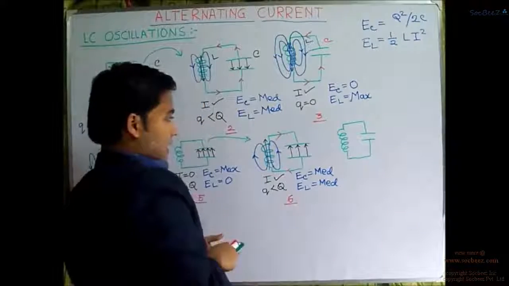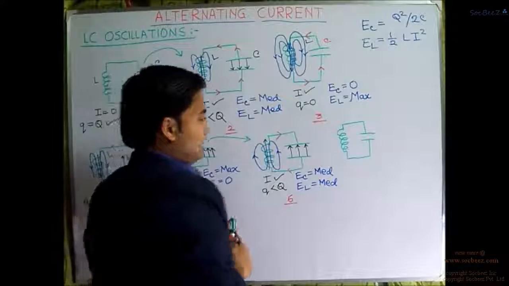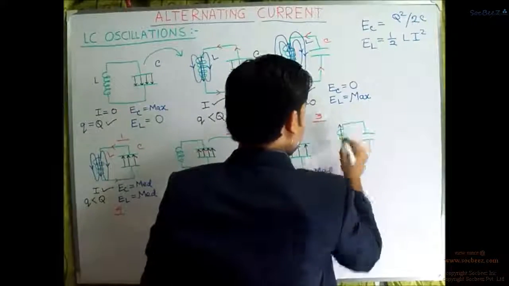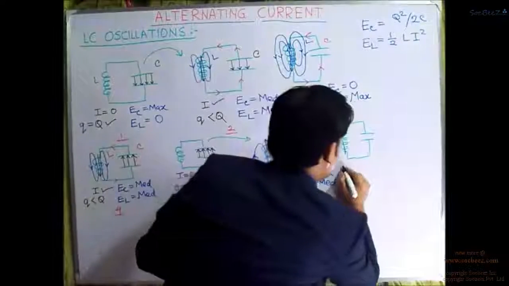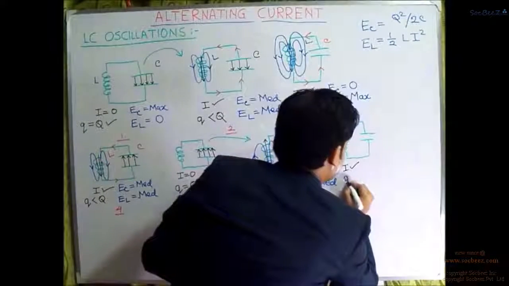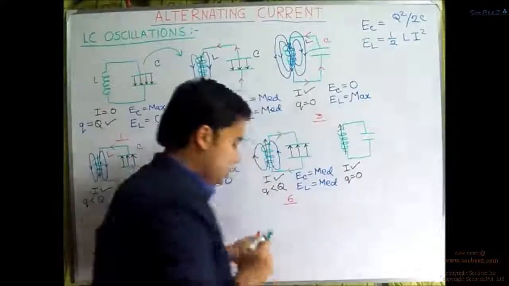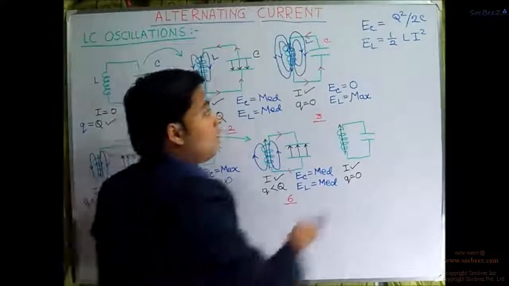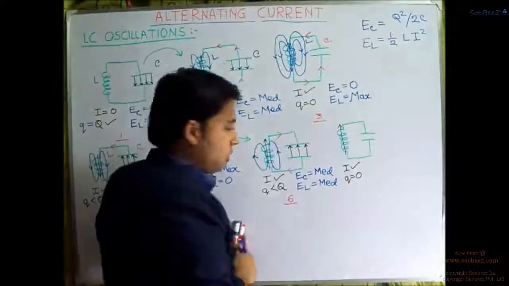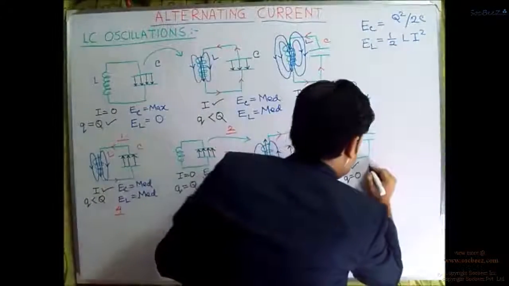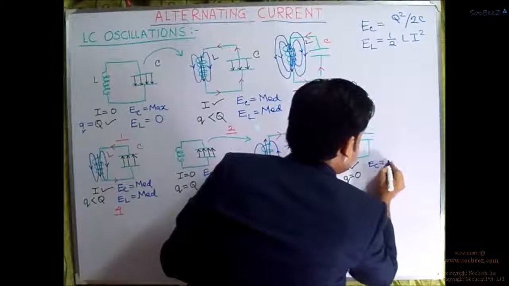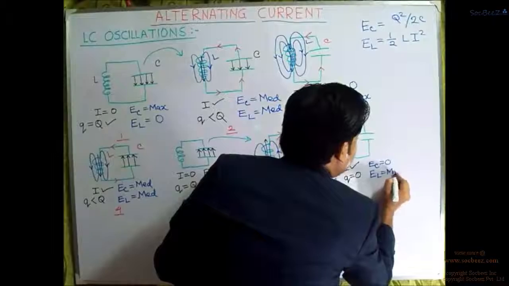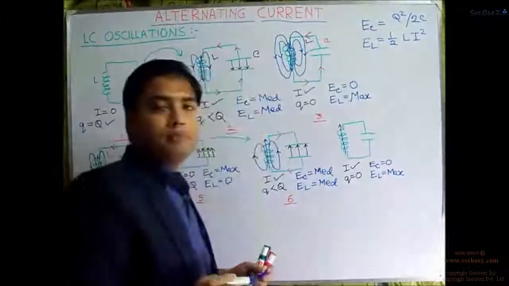So we can say, due to self-induction, first of all, the I will be present, but the Q will simply be equal to 0, and if the Q is simply equal to 0, the EC will be equal to 0 in this scenario, and subsequently the EL will be the maximum, right?